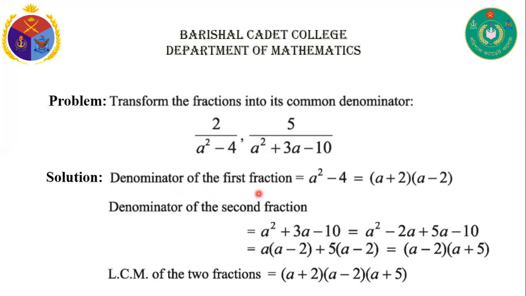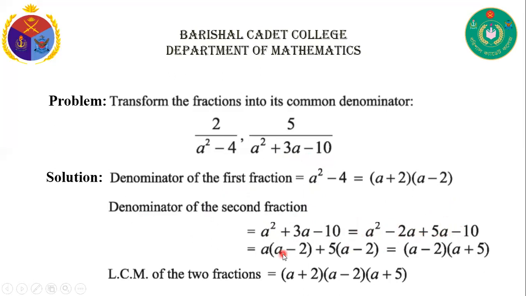The denominator of the first fraction is a squared minus 4, which we can write as a squared minus 2 squared, so it is a plus 2 into a minus 2. Now the denominator of the second fraction is a squared plus 3a minus 10. We can write 3a as minus 2a plus 5a, since minus 2a plus 5a is 3a and minus 2a times 5a gives minus 10a squared.